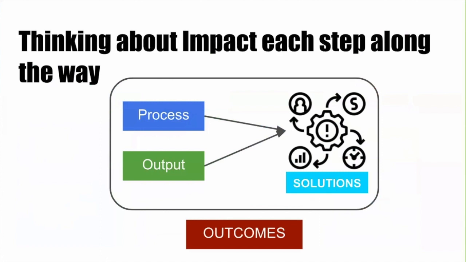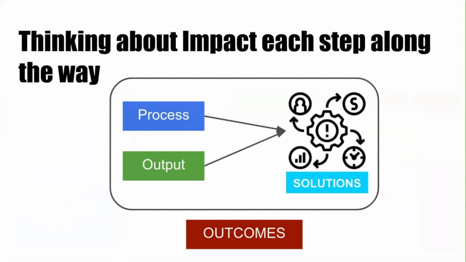The other thing to think about is that it's all about impact, right? We're trying to create both processes and outputs that are impactful. So if you take a step back and think about it, it doesn't really matter whether or not you've published 10 journal articles or whether you've had 10 meetings with stakeholders.